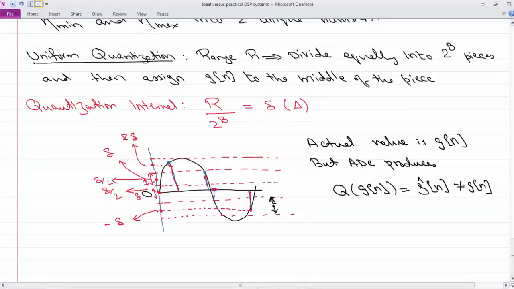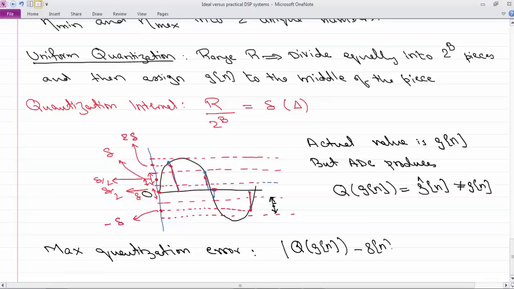So the maximum quantization error, defined as the absolute difference between your quantized value and your truth, is going to be delta by 2.